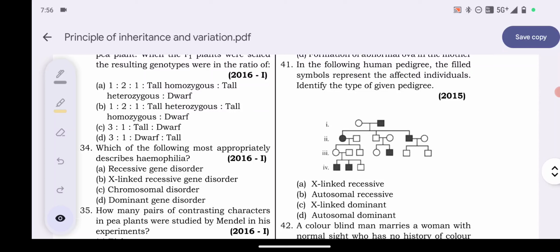Look at the options, look at the pedigree, and then we come to the options. X-linked recessive, autosomal recessive, X-linked dominant, autosomal dominant. So by seeing this type of human pedigree, it is autosomal recessive. Okay, B will be your answer, autosomal recessive type of pedigree chart. Because an autosomal recessive trait can be transmitted from parents to the offspring when both the partners are carriers of the gene, that is, heterozygous. So if we compare by looking at the diagram, autosomal recessive will be your answer.